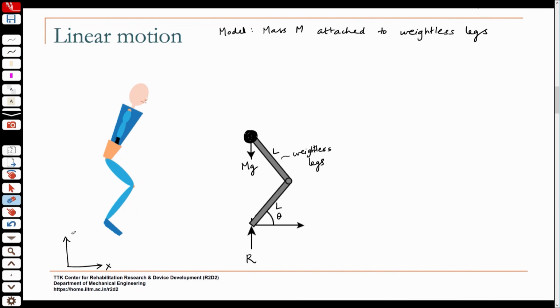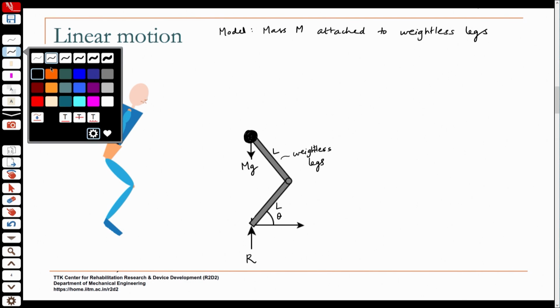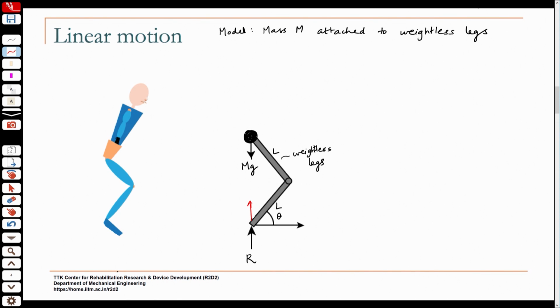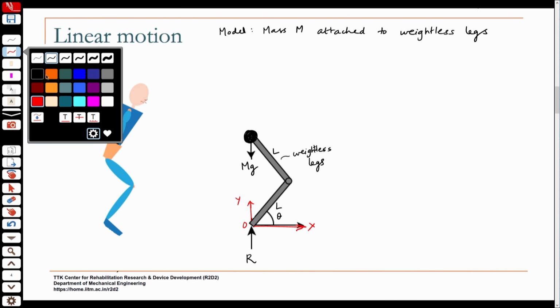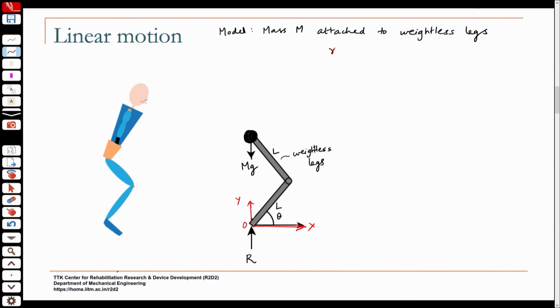So, if I take, let me draw this in a different color, that is my coordinate system. In this coordinate system, how can I describe the location of the particle in vector form?